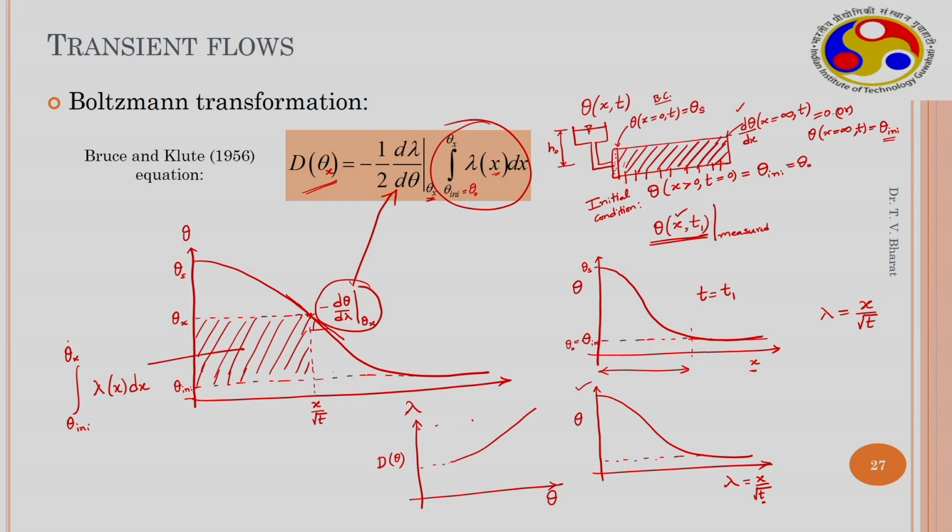Maybe several orders of magnitude change from here to here when theta changes over a small value, like say initial value of theta maybe could be 0.1 or 0.01, and theta s could be say 0.4 or something. So then it can change in this particular manner. So this is how the hydraulic diffusivity can be obtained. Using graphical technique, it can be easily obtained.